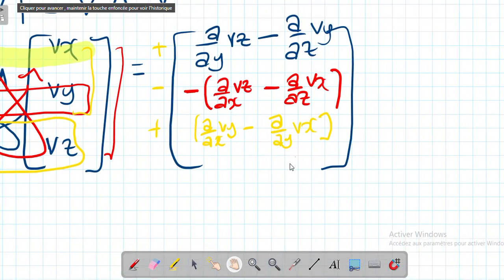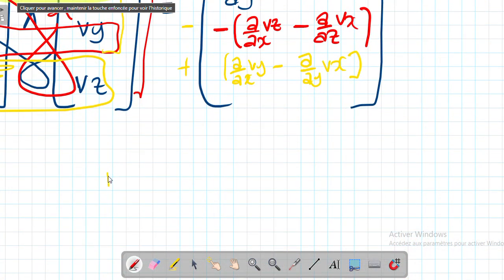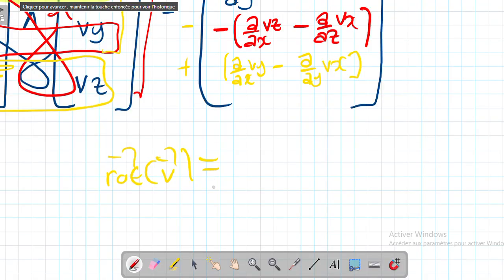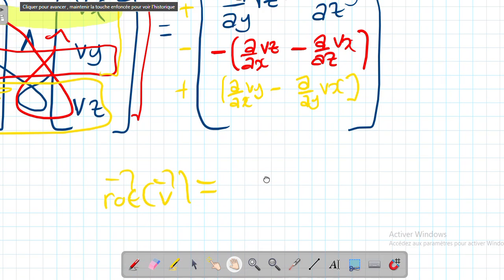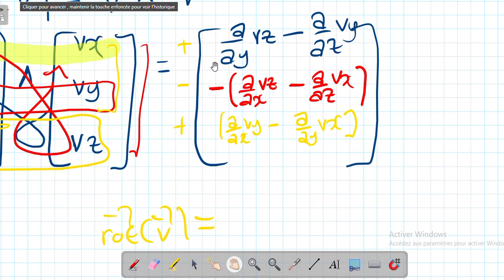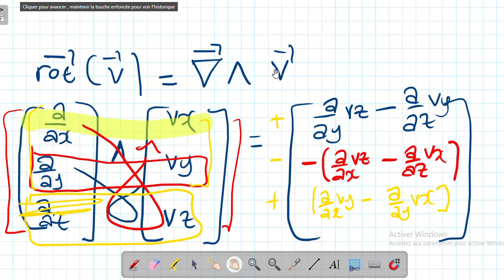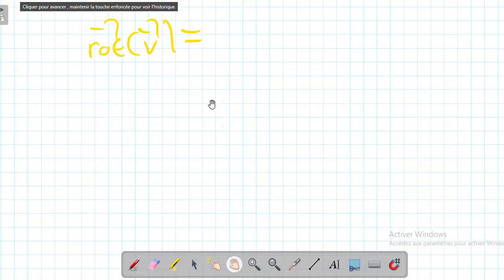Therefore, the formula for the rotation of a vector v will be written as follows. So with rotation, you find this complex thing just by knowing nabla vector v and knowing how to carry out the vector product. We learned how to carry out the vector product in our first lesson.